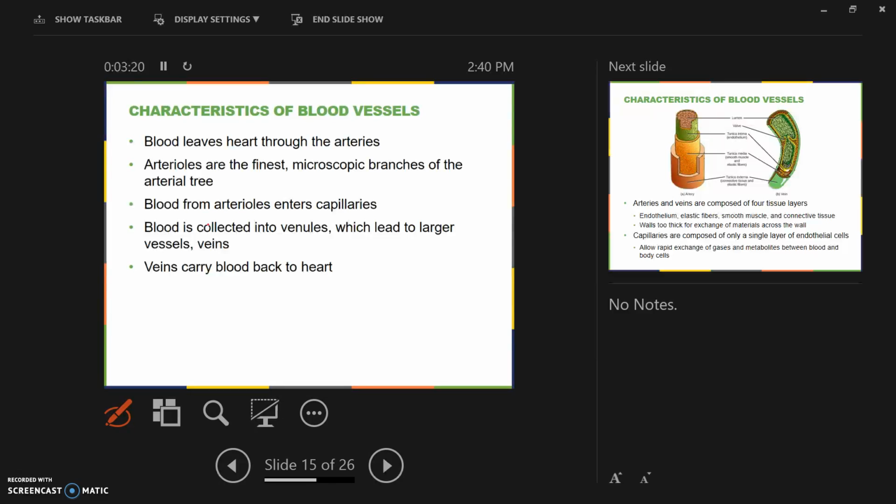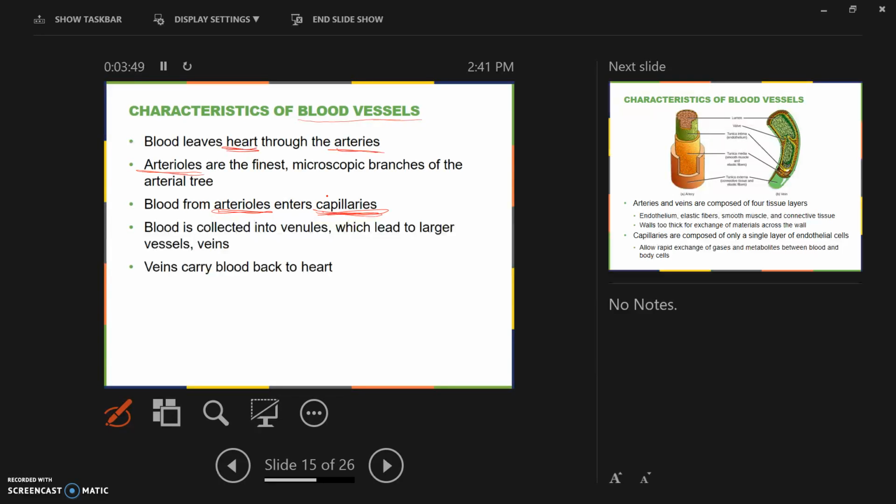Blood vessels: we call them arteries, veins, and capillaries. And smaller arteries are arterioles. So blood leaves the heart through arteries. Arteries branch into arterioles. The arterioles take blood to the capillaries, and the capillaries supply our tissues with blood, which contains oxygen and nutrients.